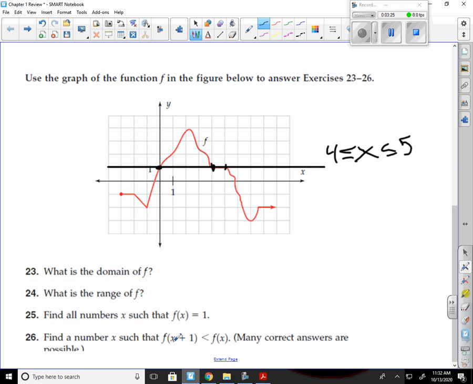Find a number x such that f of x plus 1 is less than f of x. That means that we are just taking a number where, now we'll just do this one.